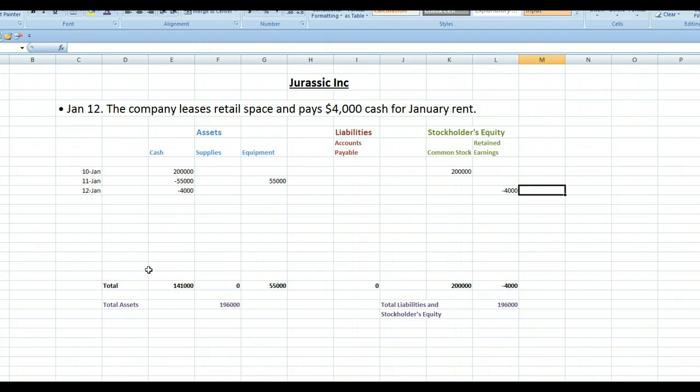The rule is, if it affects both sides of the equation, the signs have to be the same. So this particular 12th January transaction, both sides are negative. Both sides went down. But if it affected the same side, one is negative, one is positive. So the 11th January transaction, one was a negative balance, the other one was a positive balance.